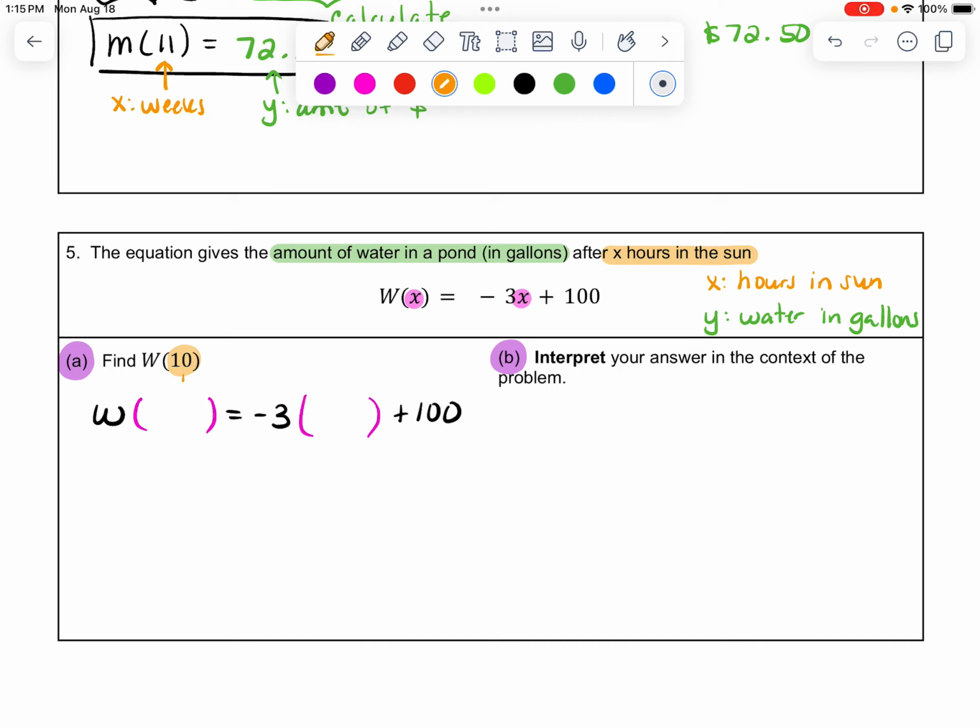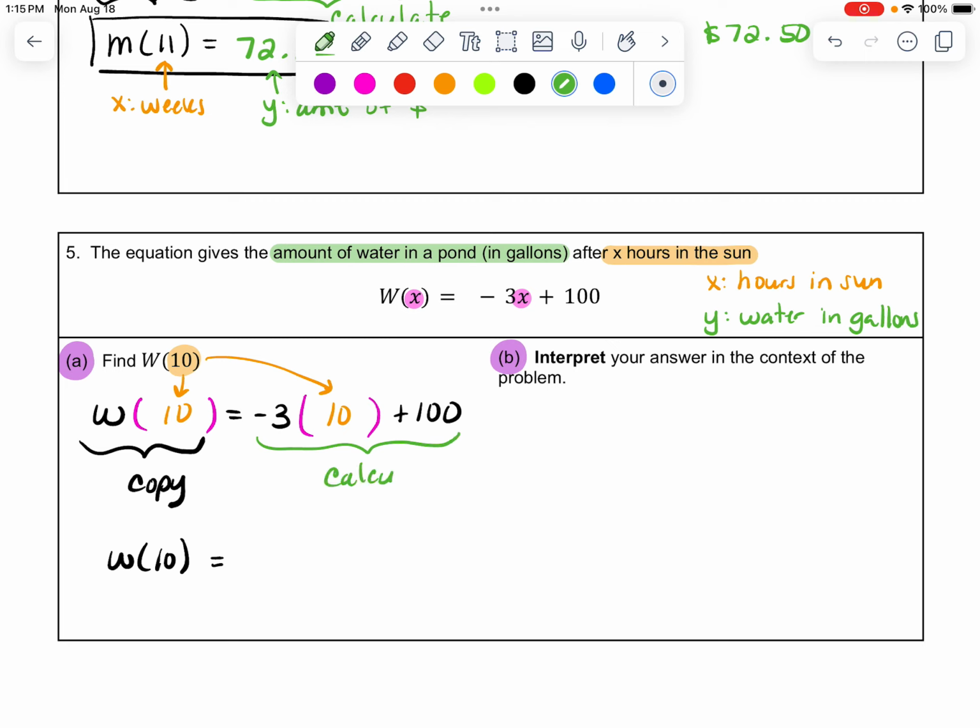Now I'm going to fill in my value, so 10 and 10. Again, the left side, we're just going to copy down, so I'm going to have W of 10. And then on the right side, I'm going to calculate. So I've got 70 as my answer. This is the answer for the first part of the question.